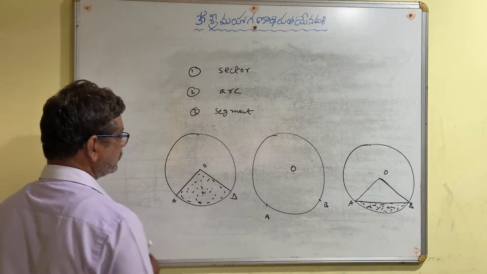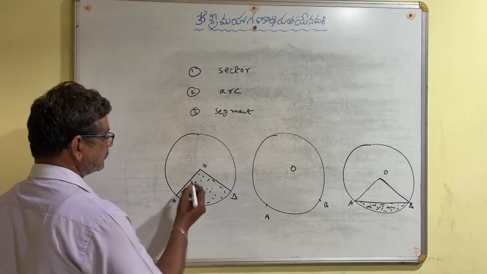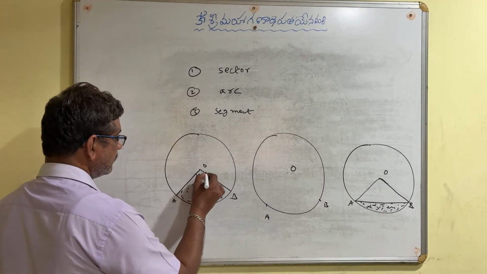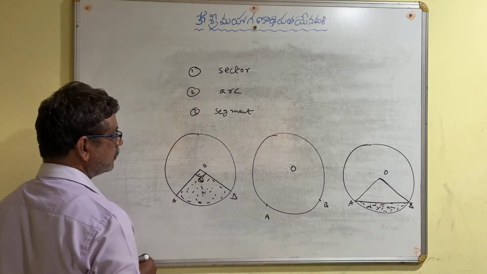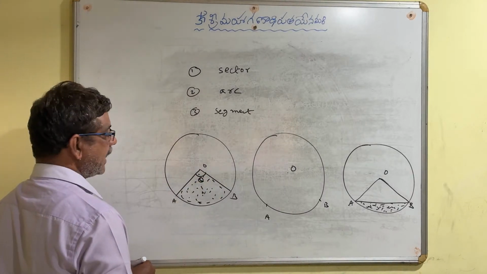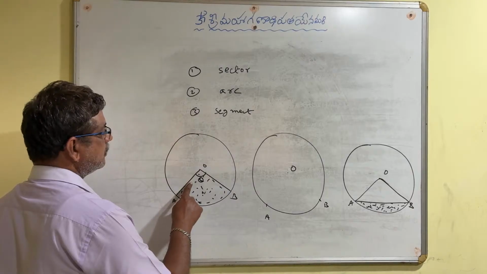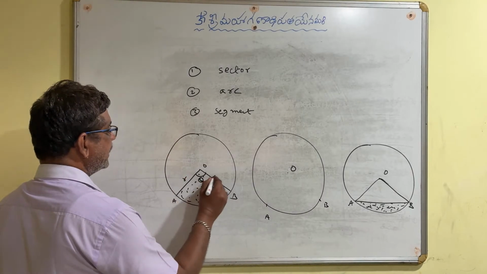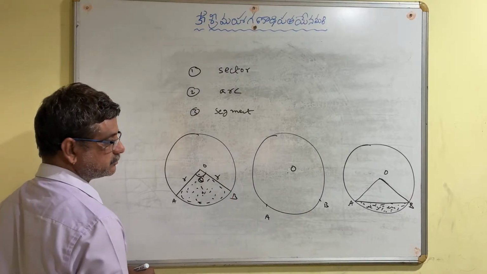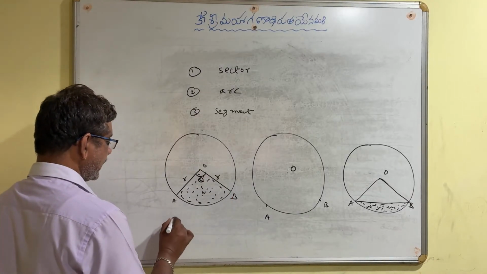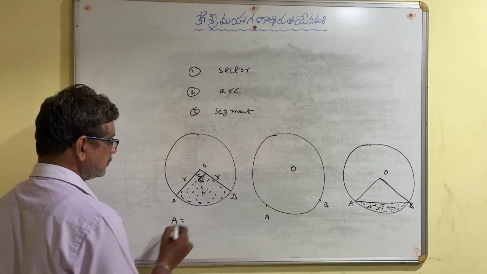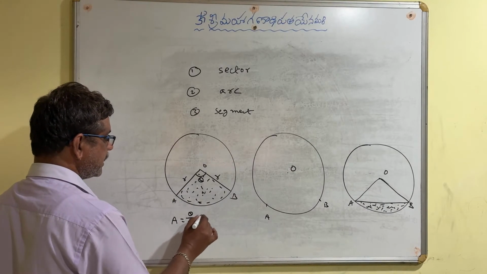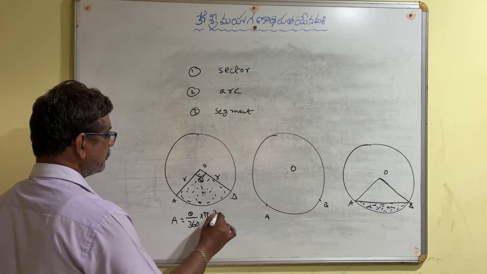How to find out the area of a sector? In order to find the area of a sector, we must know the angle between the 2 radii and the radius of the circle. Area of sector is equal to theta by 360 into pi r square.